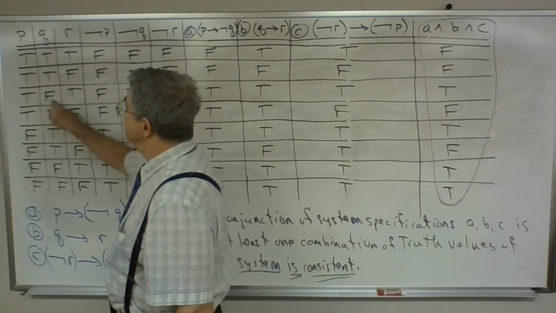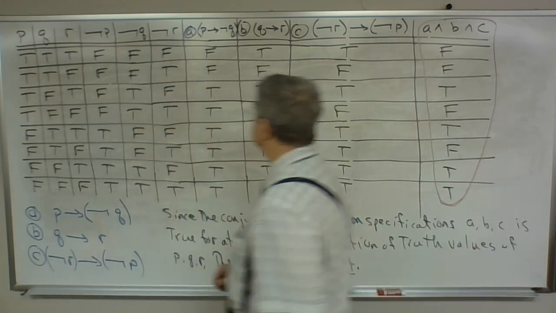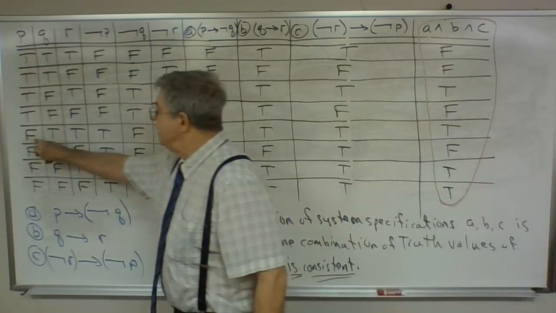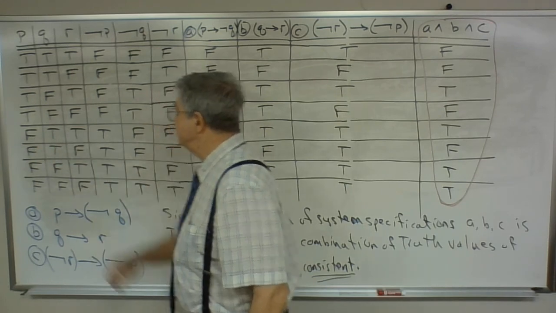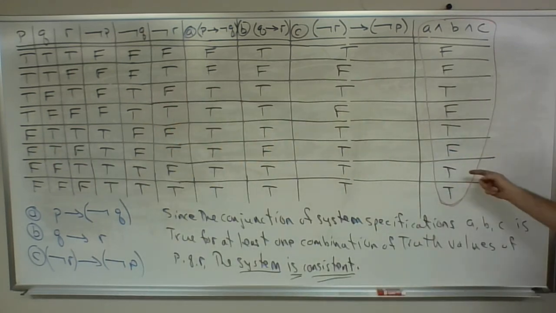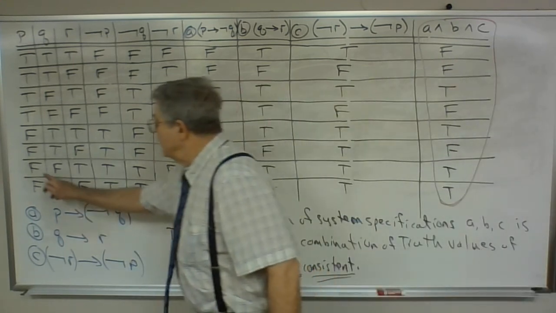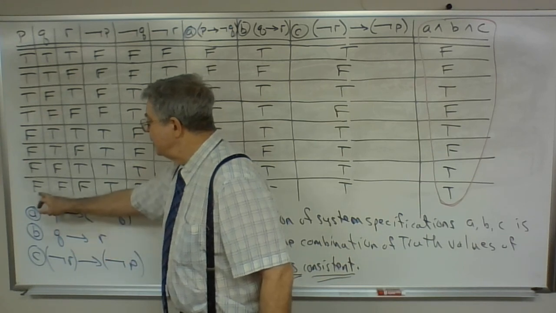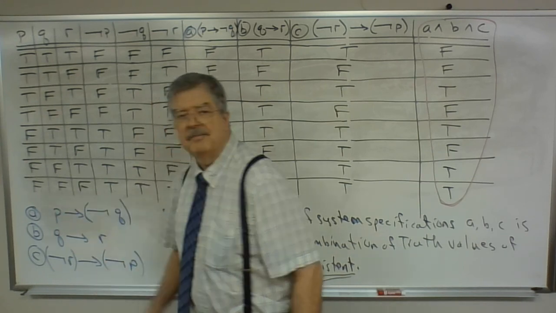When P is true, Q is false, and R is true. The conjunction is also true here. When P is false, Q is true, and R is true. And it's true here and here. When P, Q, and R are false, false, true, and P, Q, and R are false, false, false.